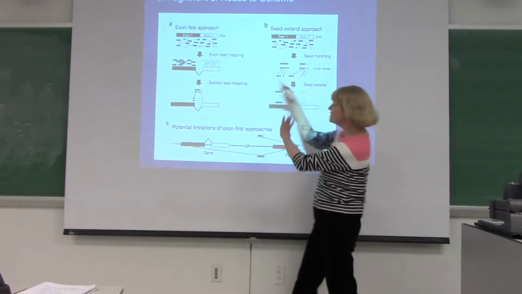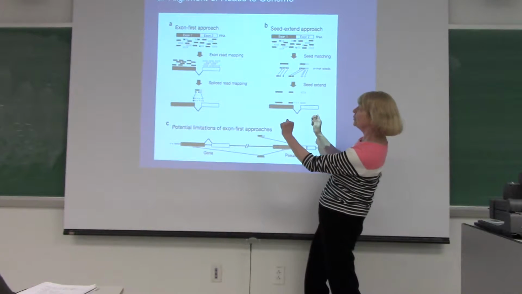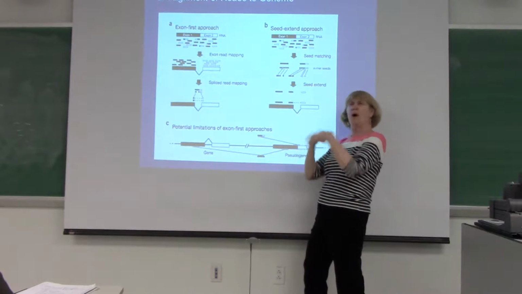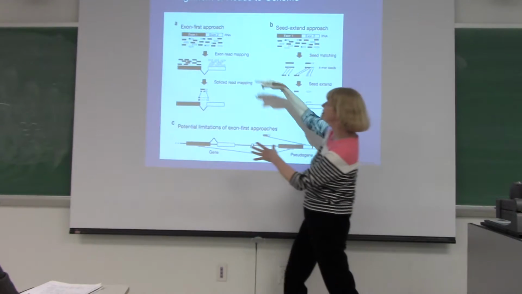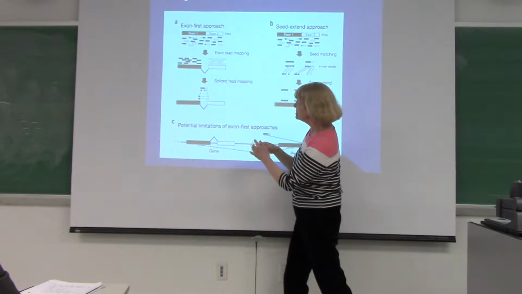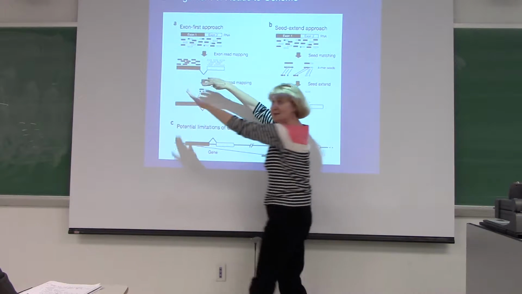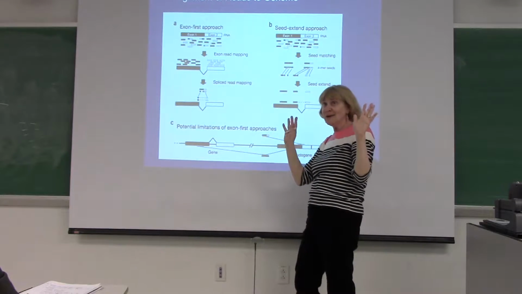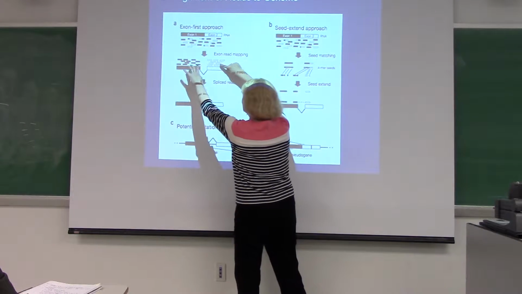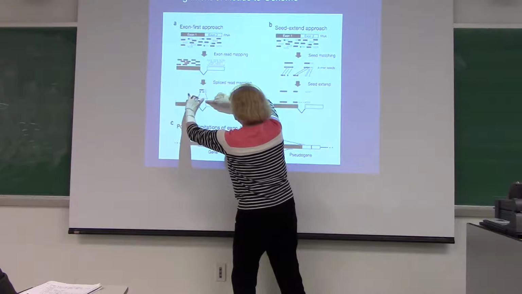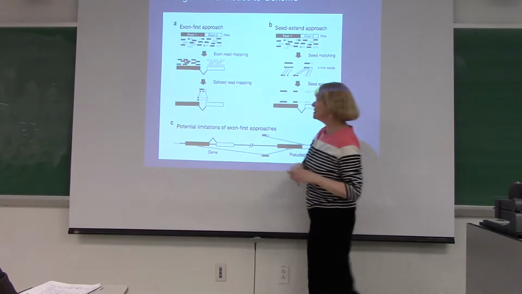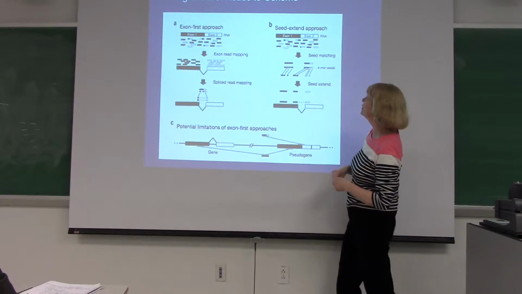There are a couple different ways, and this is the first thing we want, to see what we have after this analysis. An exon first approach, where everything that maps to a known exon, and we don't know where all the exons are for sure either, is first mapped and then extended against the gaps there.